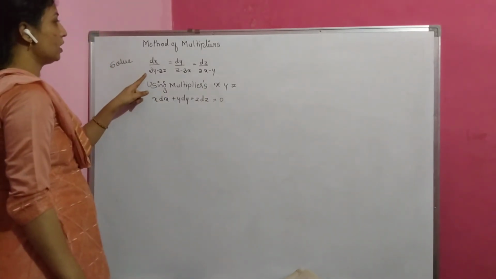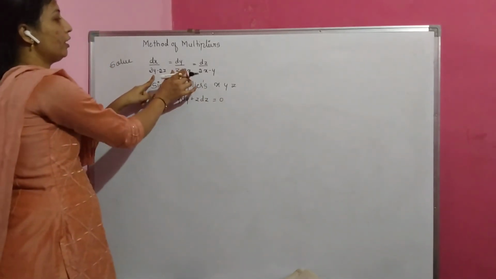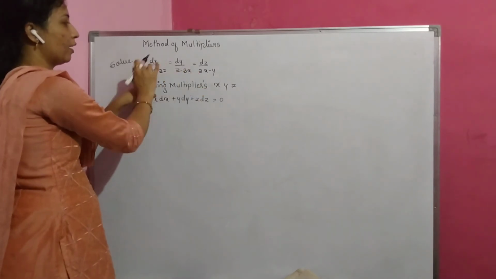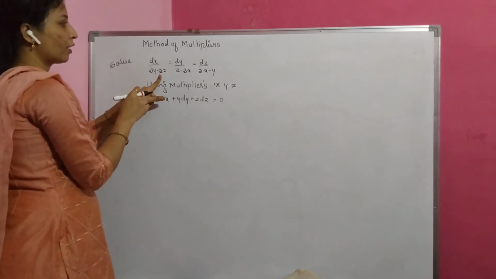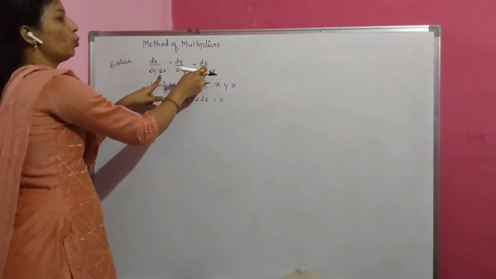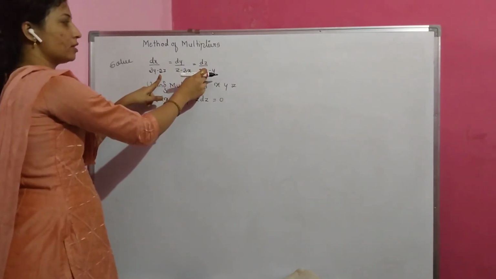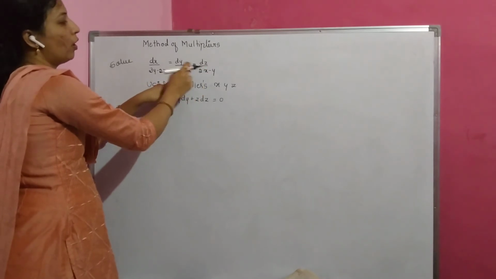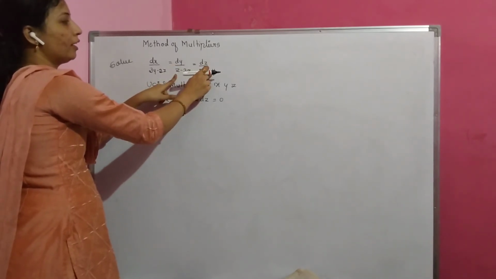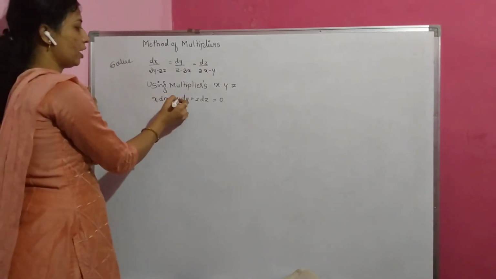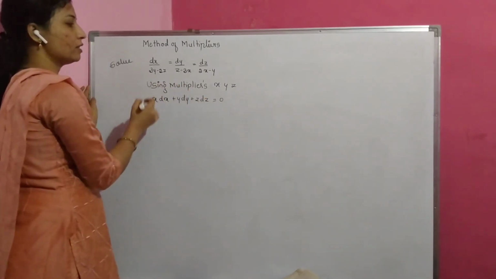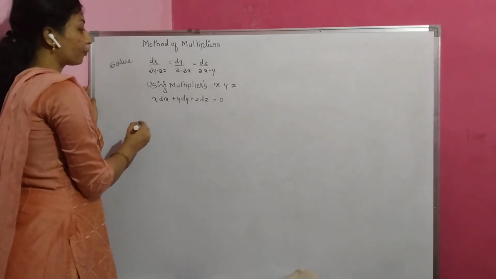x means it is 3xy and here y means it is minus 3xy. Both the terms get cancelled. 2xz and here it is minus 2xz, the terms get cancelled. And next here it is zy and here it is minus zy. All the terms get cancelled, so we have x dx plus y dy plus z dz is equal to 0.